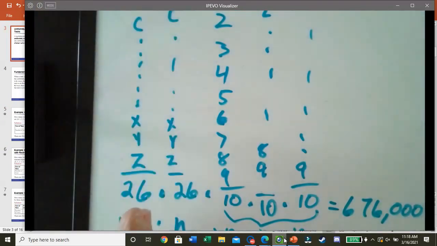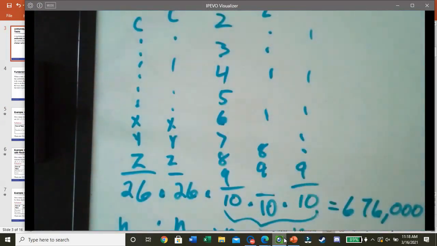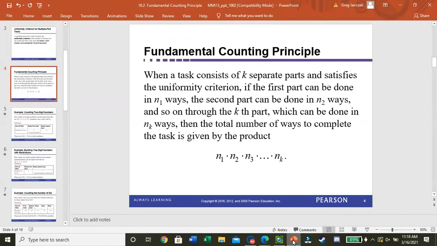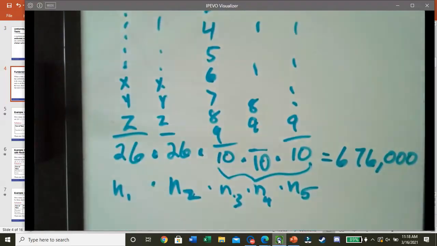You're going to have the same number of letters in the first one and the second one, same number of digits in the first one, second, third. So it's uniform. They're equal in the possibility of selecting it. And here's our fundamental counting principle, and 1, 2, and 3, and so on. And that's what we have here. Okay, so that's what we're talking about, the fundamental counting principle.